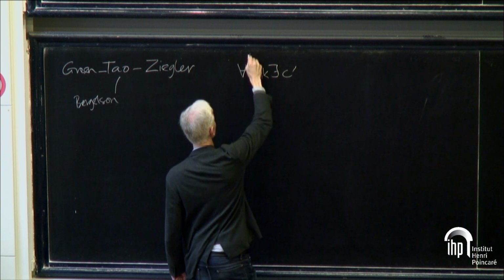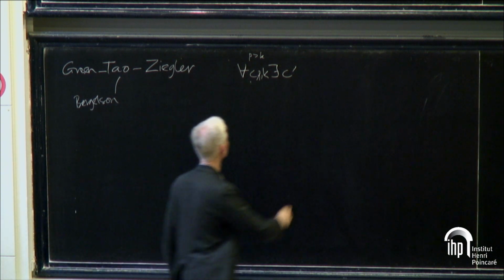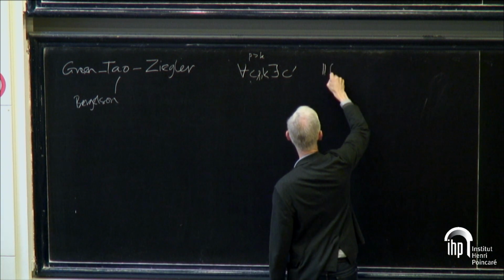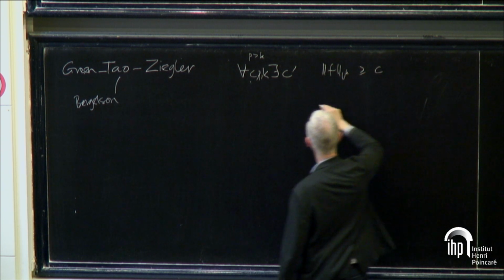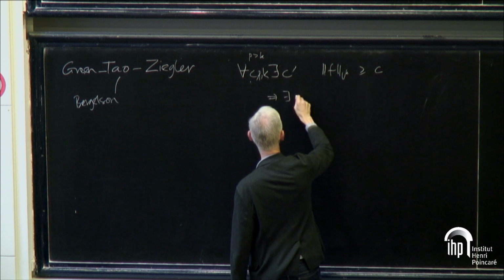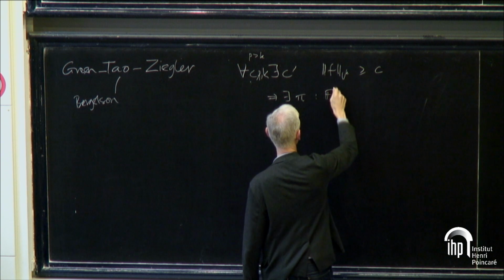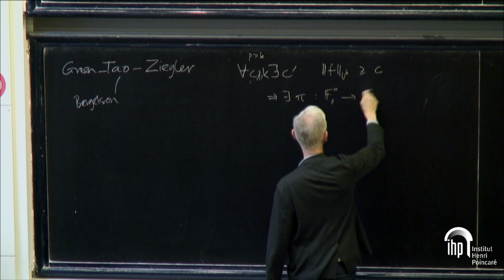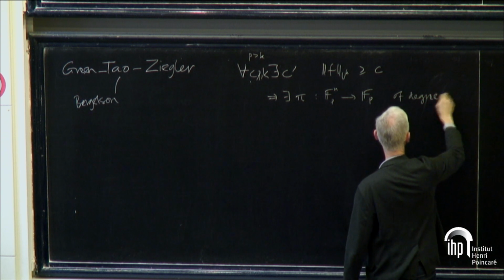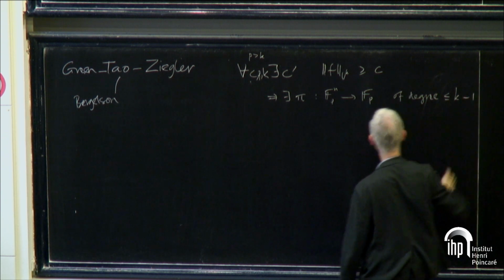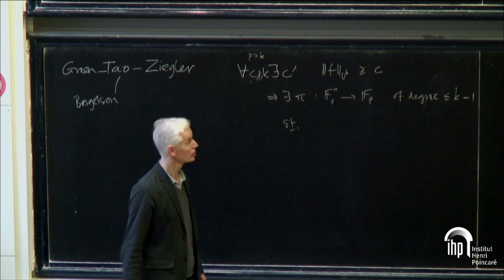I think that's enough. p is sufficiently large, mustn't be very, very low characteristic, such that if the Uk norm of f is at least c, then there exists a polynomial pi of degree at most k minus 1, such that the corresponding phase function correlates with f.